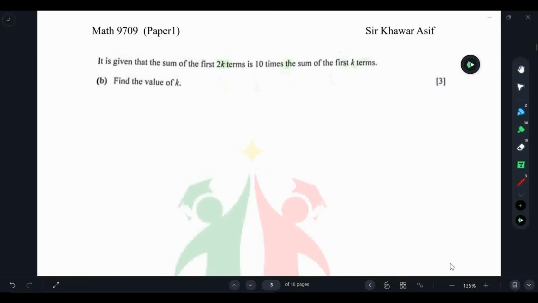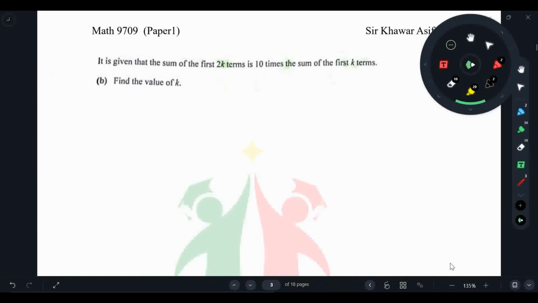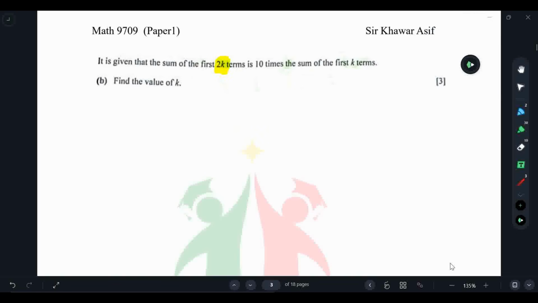It is given that the sum of first 2k terms is 10 times the sum of first k terms. So what we can do, we can write it as sum of first 2k terms will be equal to 10 times the sum of first k terms. Now we know that this one is again the arithmetic progression.